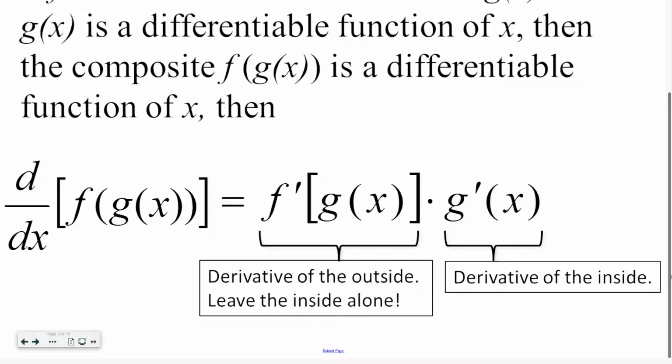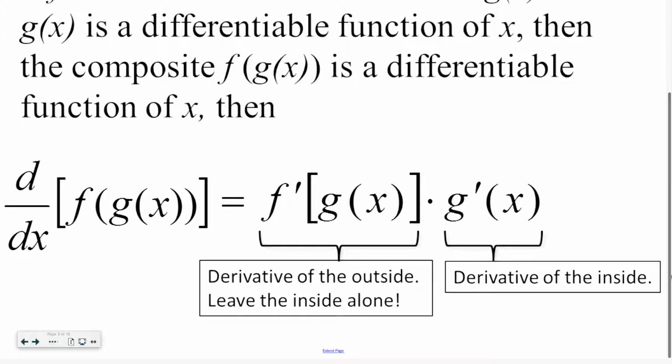We are going to go through a lot of examples today where you can see what that process looks like. Anytime we have a chain rule problem, I'm going to use that description: derivative of the outside, leave the inside alone, times the derivative of the inside. And I hope that you tell yourself that as you're doing the problem.